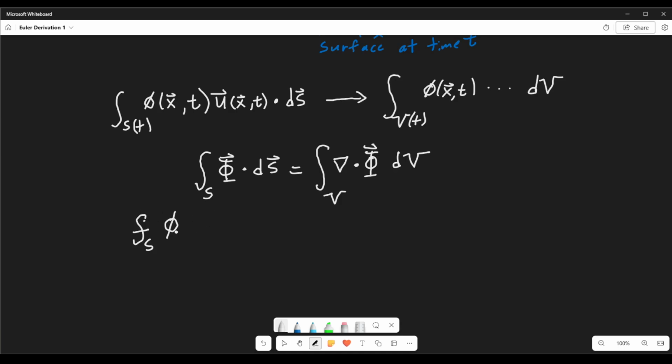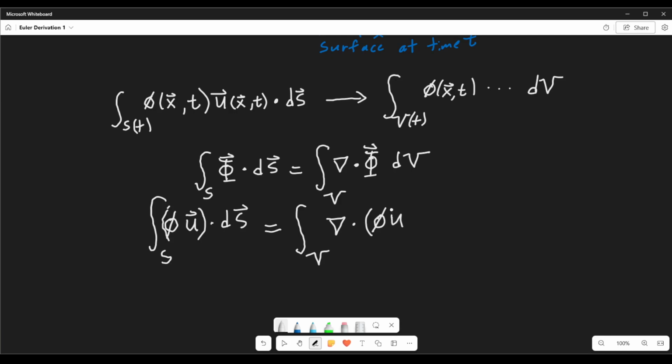So the gradient of S over the surface times the U vector, which is basically a vector that looks like that guy, now equals 1 over the volume, and then you have the gradient, this guy, times U, now integrated over the volume.